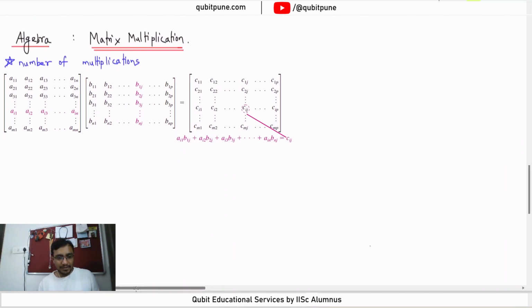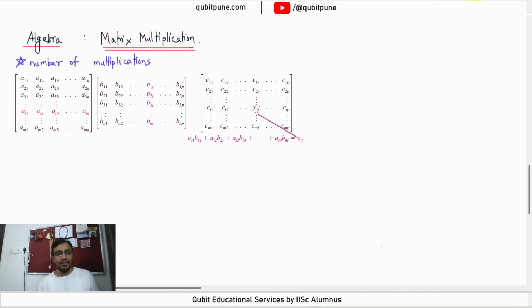Because you said you already know matrix multiplication, I will not go into details of how it is carried out, but I'll just state the prerequisite. When we write AB, or A into B, the first matrix is called the prefactor and B is called the post factor.